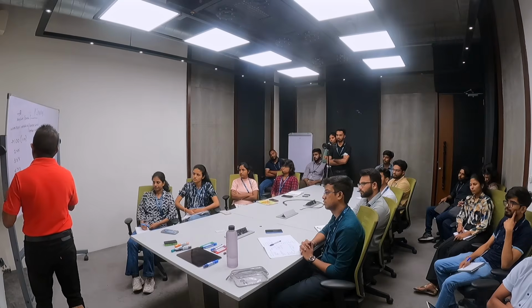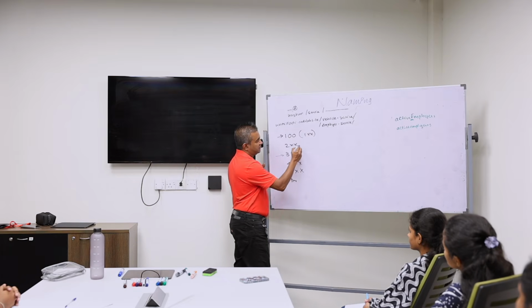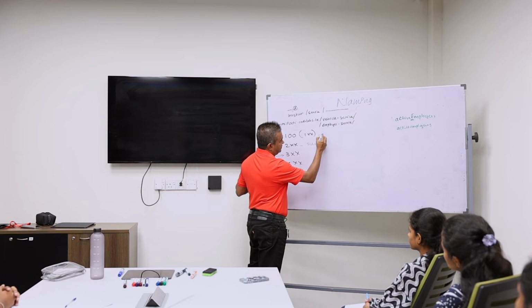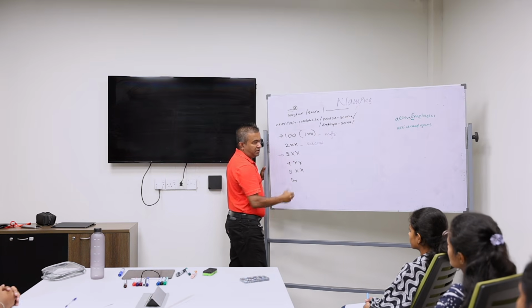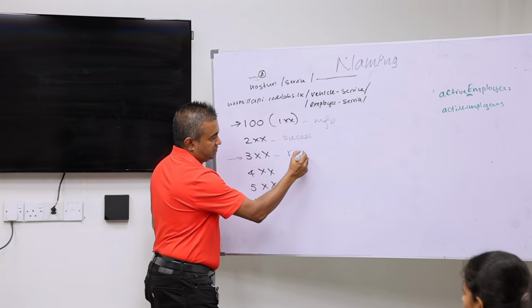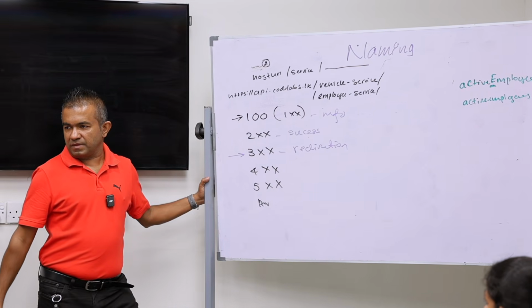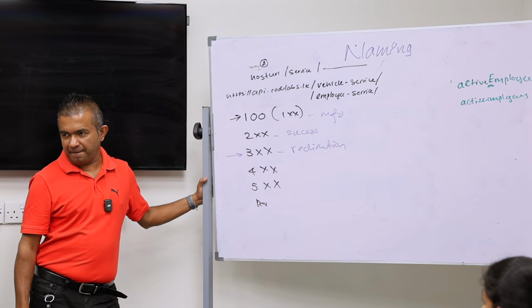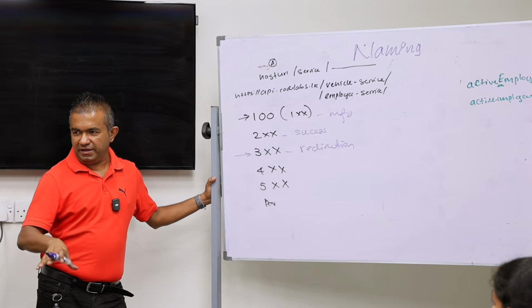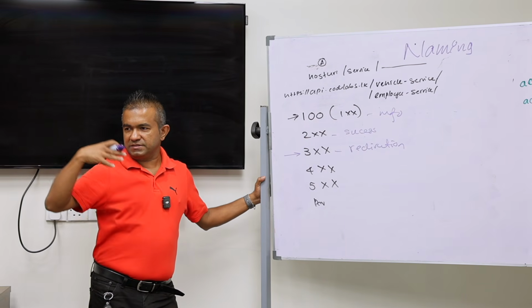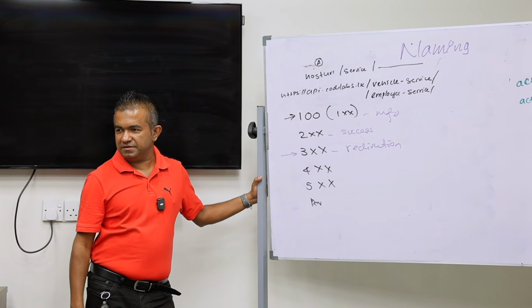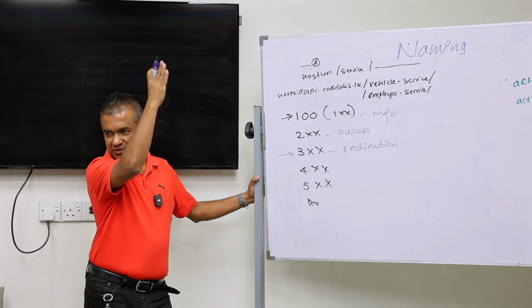Right? 200 series mean this is success. 100 series is info. 300 series mean redirection. So I am sitting here. You come and ask, hey, can I meet Kehliya? I said no, he's upstairs.